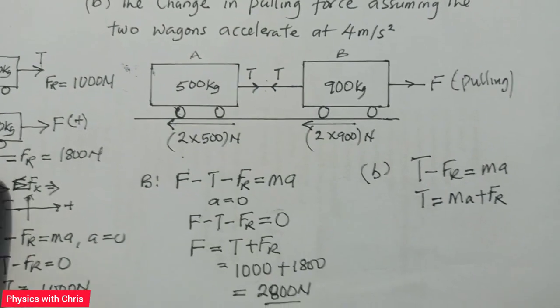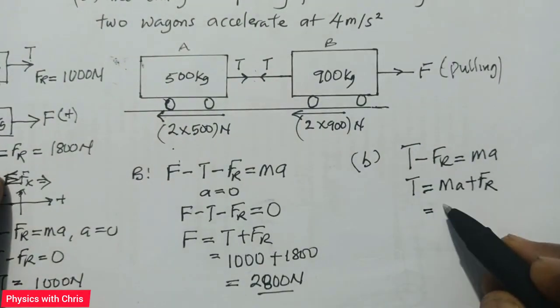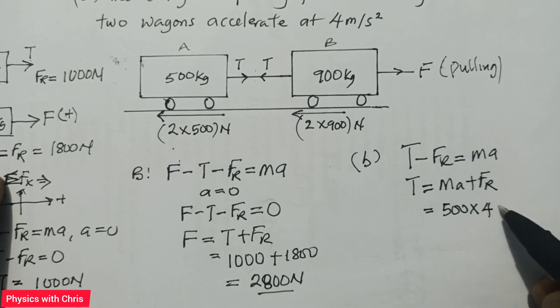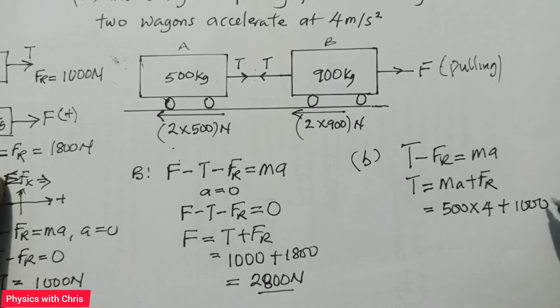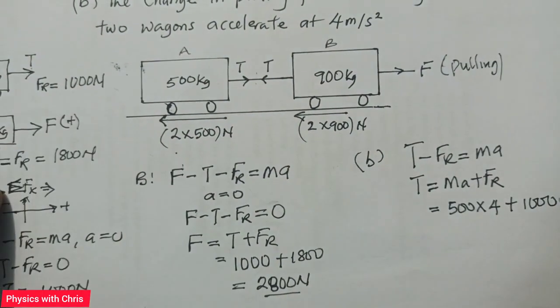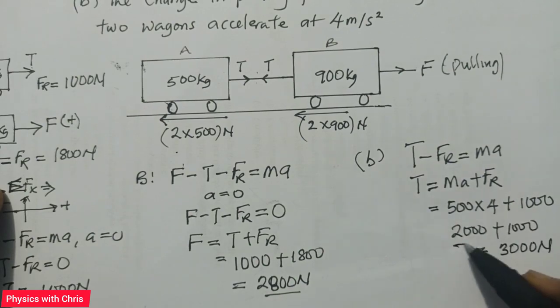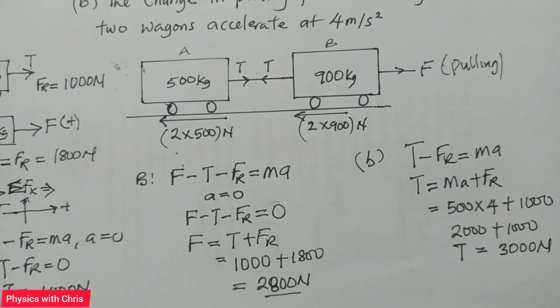Now, since the acceleration is 4, it means the tension in the string is 500, which is the mass of A, times 4 plus the frictional force, which remains the same. That is 1000 from here. Okay? Now that gives me 2000 plus 1000. So I have a total tension of 3000 Newton. Okay? That's the force that acts along the rope, along the string that is attached to the two wagons.